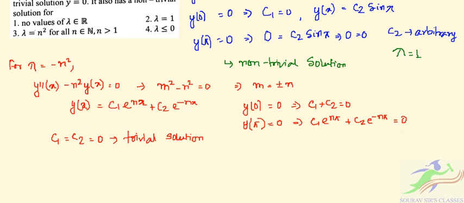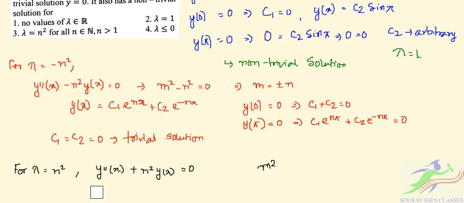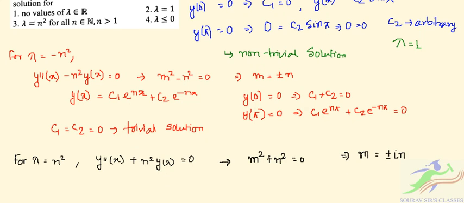Now let's check lambda equal to n square. We write y double prime x plus n square y(x) equal to 0. The auxiliary equation is m square plus n square equal to 0, so m equals plus minus i n.